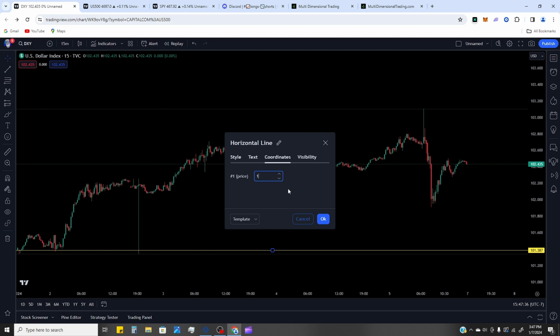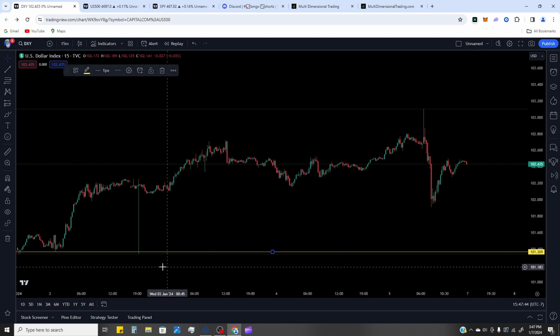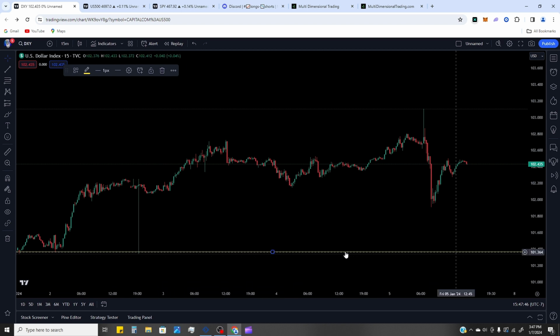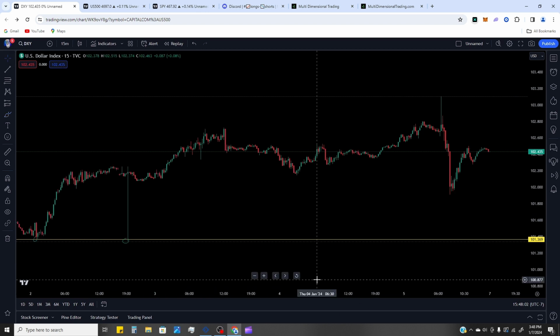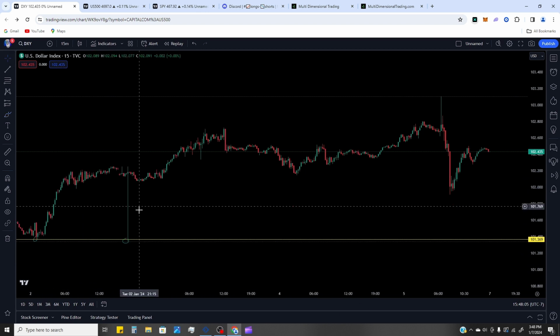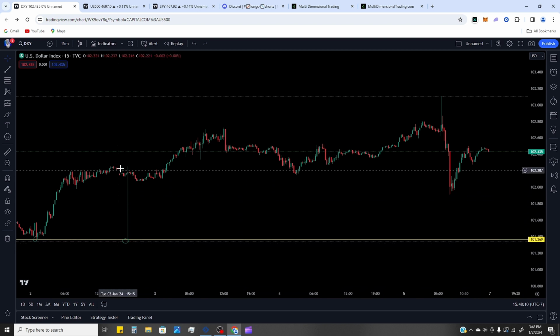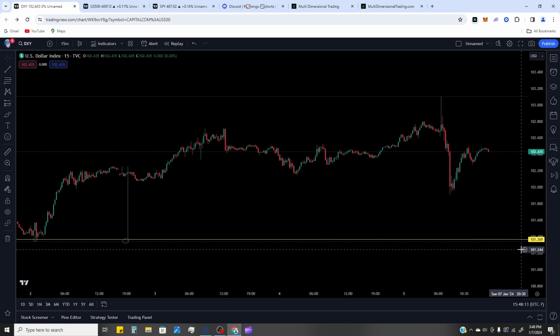Okay, and I went with 101.369. Look at that. Perfect. Spikes right into that in conjunction with equal lows. You got equal lows in conjunction with the number signal. It spikes down right into that number and then goes up.